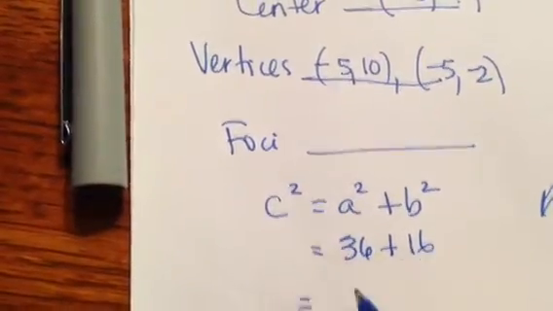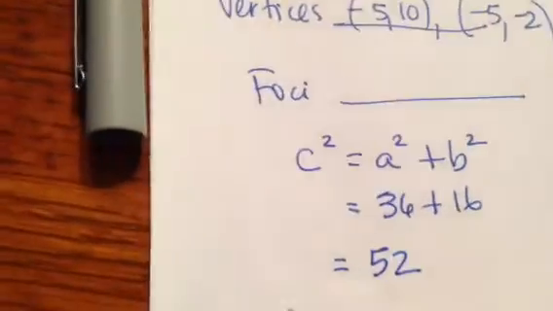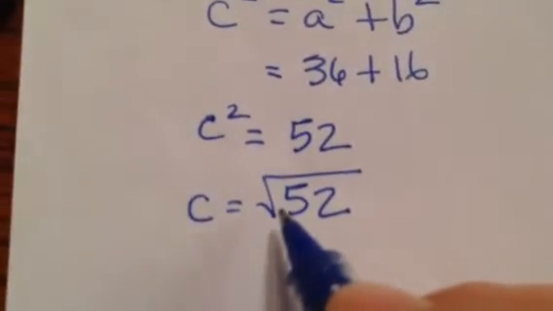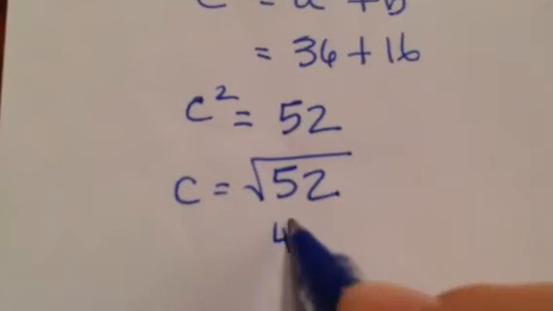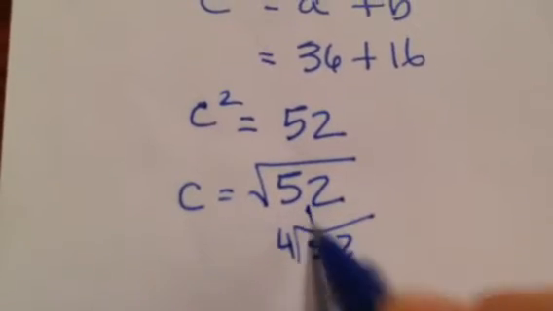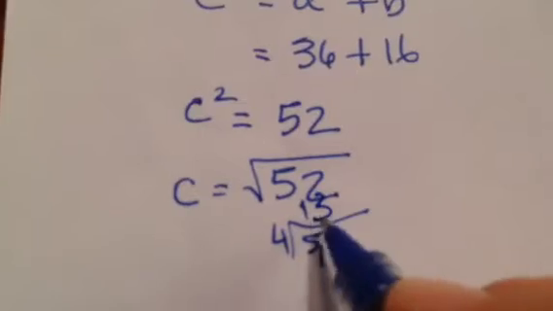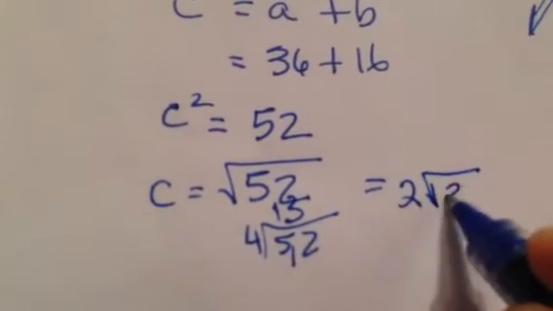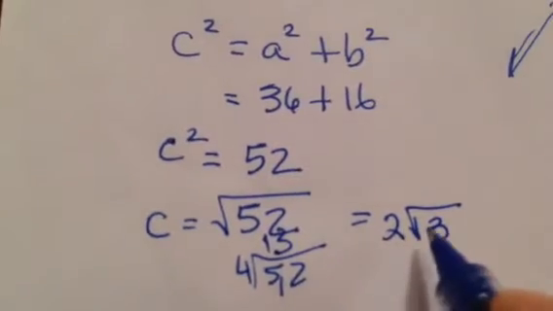That would be 52. So c squared equals 52. So c is going to be the square root of 52. I think there's a perfect square in there. 4 goes in there, I believe. Just a minute. Don't have a calculator here. 4 goes in there once, what, 13 times? So this would actually be 2 square roots of 13. That would be your c value.